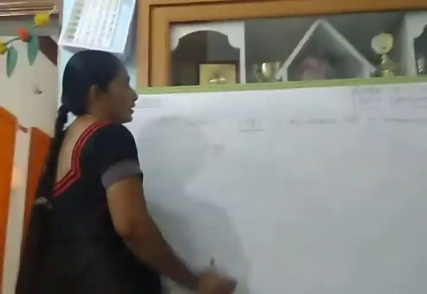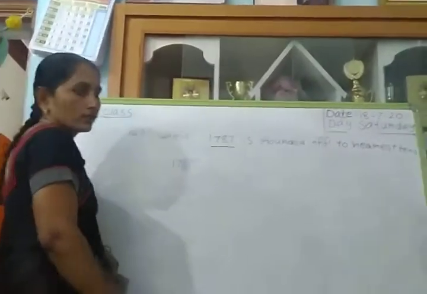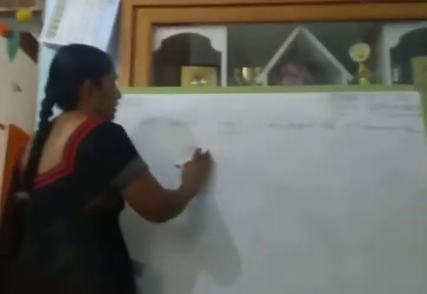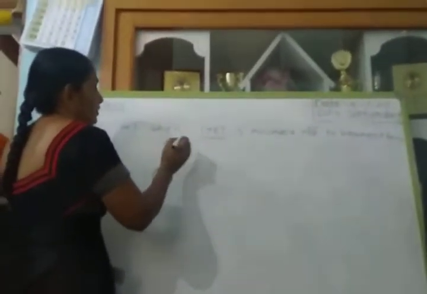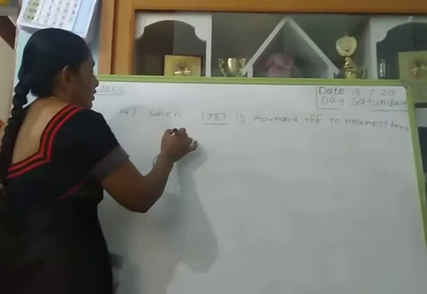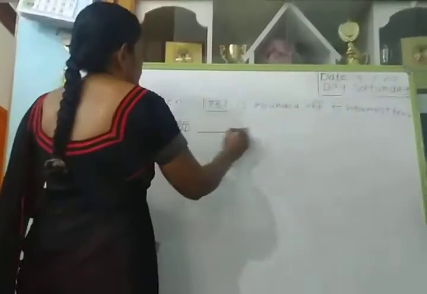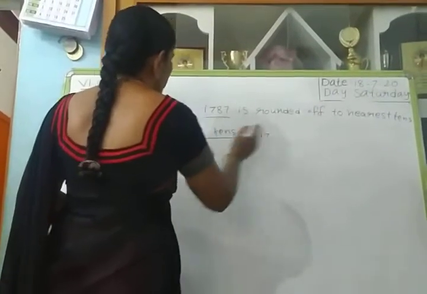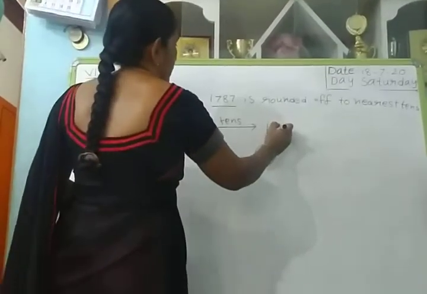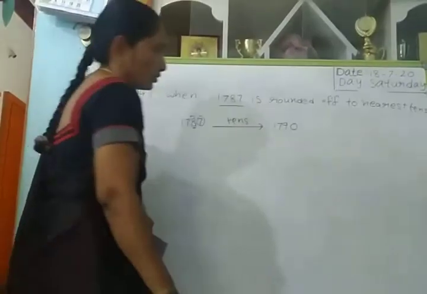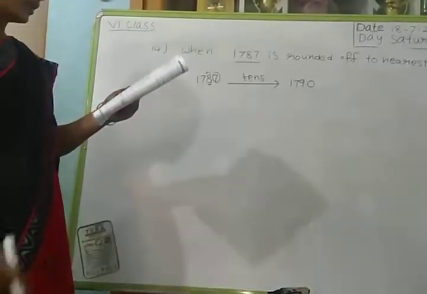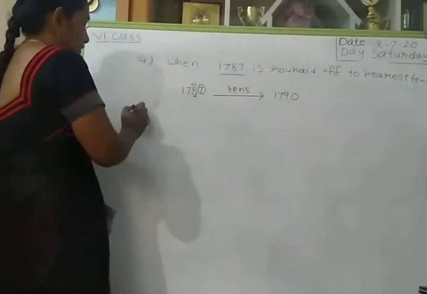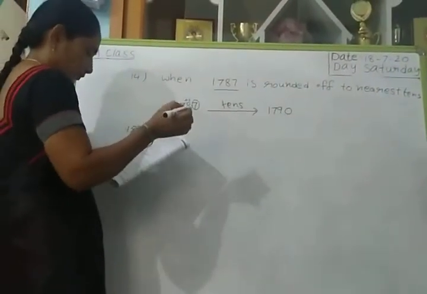The tens digit, what do I have here? 7. So we have to see the ones place. The ones place digit, what do we have? 7. So 7 is greater than 5. So we have to add 1 to the 8. If you round off to the nearest tens, what will you get? 1780 plus 10 is 1790. The ones place you get 0. So 1790. Which option here? Option A is correct. Next, 15th question.